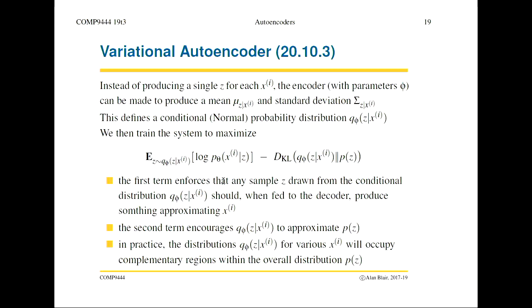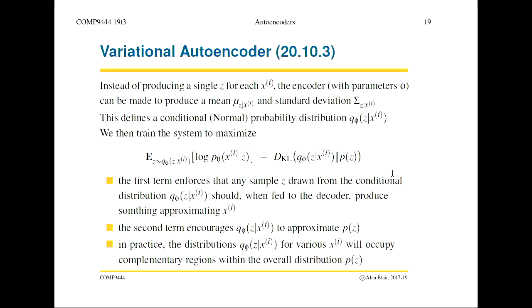So that's the first term, trying to maximize the likelihood of reproducing the original image. And this second term tries to minimize the KL divergence between that small balloon and the entire Gaussian distribution.